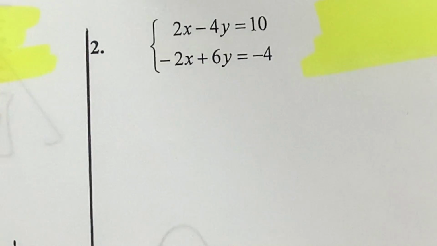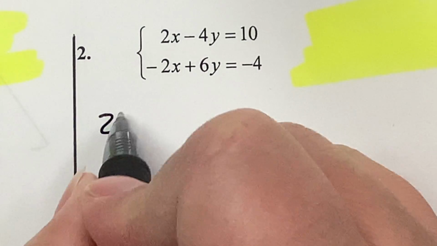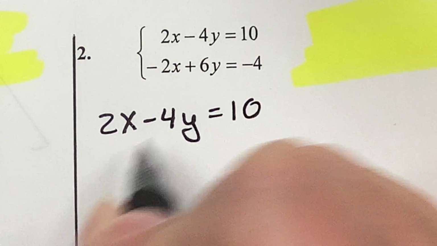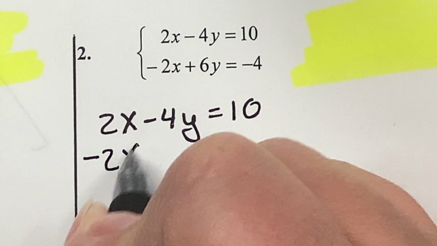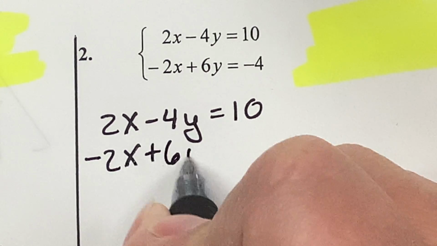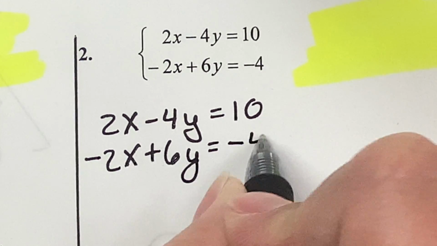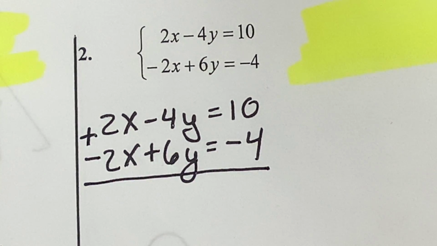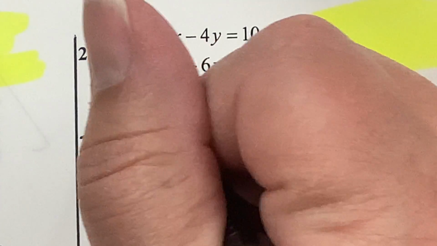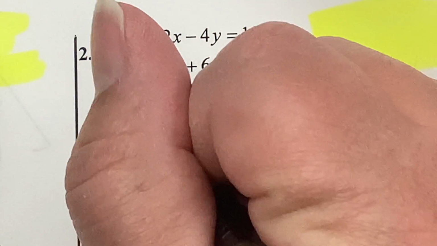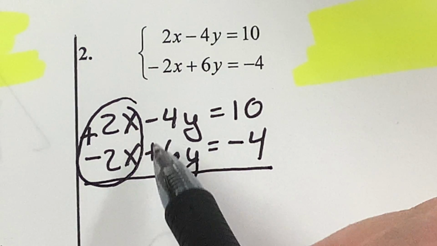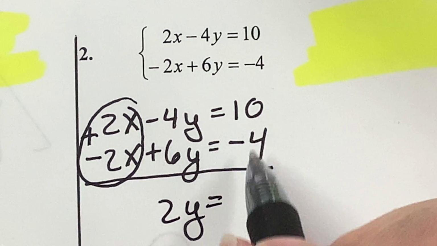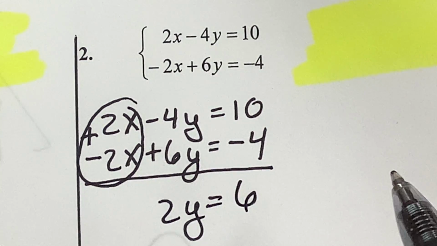So let's try that. 2x minus 4y equals 10, negative 2x plus 6y equals negative 4. Now I'm going to add these two together. Well, positive 2 and negative 2, that's 0. That disappears. Negative 4 plus 6, 2y equals 10 minus 4, 6.